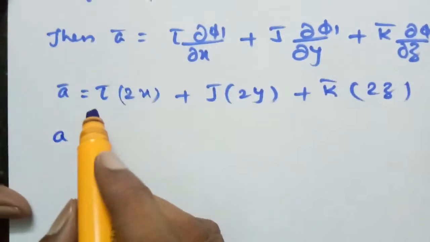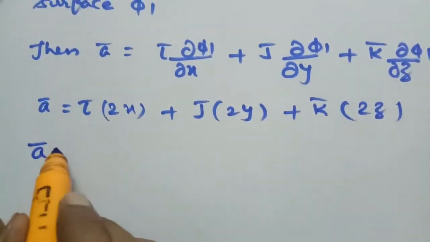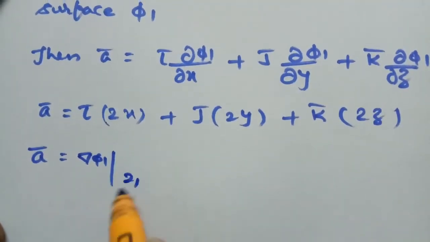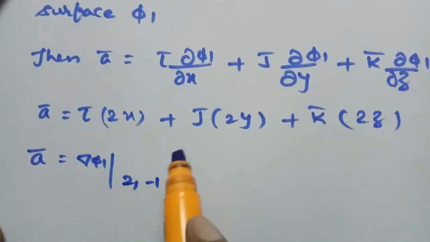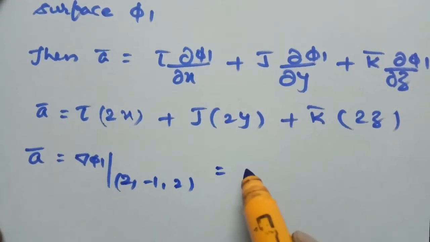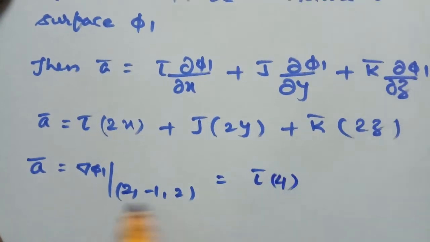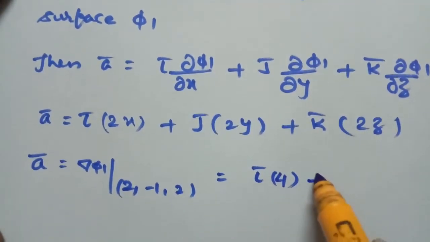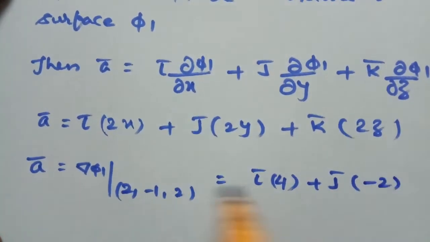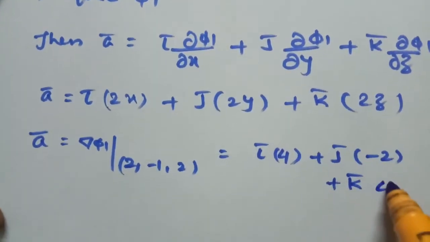Therefore, a bar at a point, a bar is equal to del phi 1 at the point 2 comma minus 1 comma 2. Therefore, this is equal to I bar into 2 into 2, 4. Put x equal to 2, plus j bar into 2 into minus 1, minus 2, plus k bar into 2 into 2, 4.